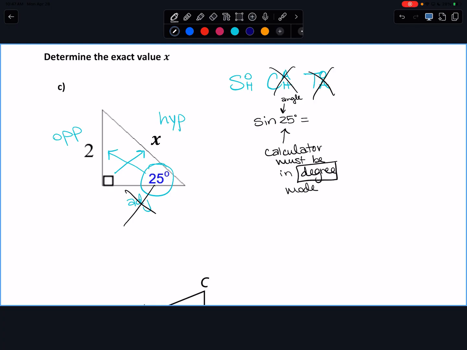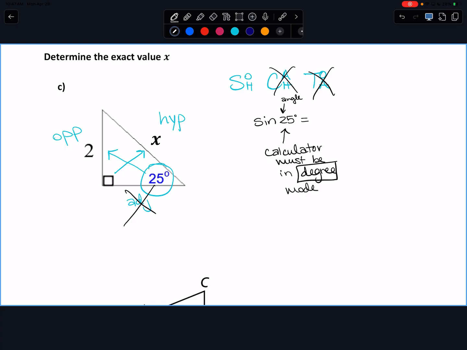So there's a beautiful button on your calculator that says mode. You press it, right? And then you go down, arrow over, hit enter when you've highlighted degree, and then you hit second mode, which is quit. So you have got to be in degree mode when you solve these, okay? If you're in radians, you're going to get a totally different answer. I know Miss King talked about that because y'all just did some forensic science stuff where she said make sure you're in degree mode, right?